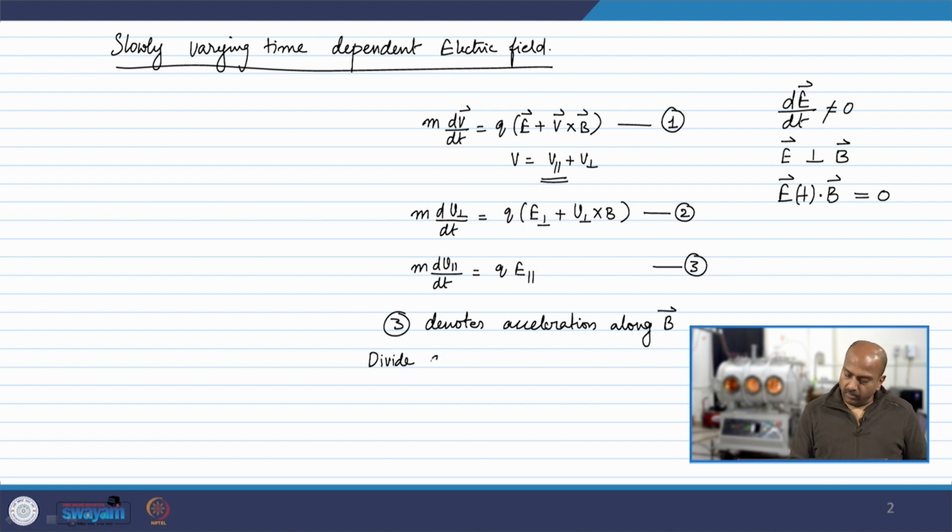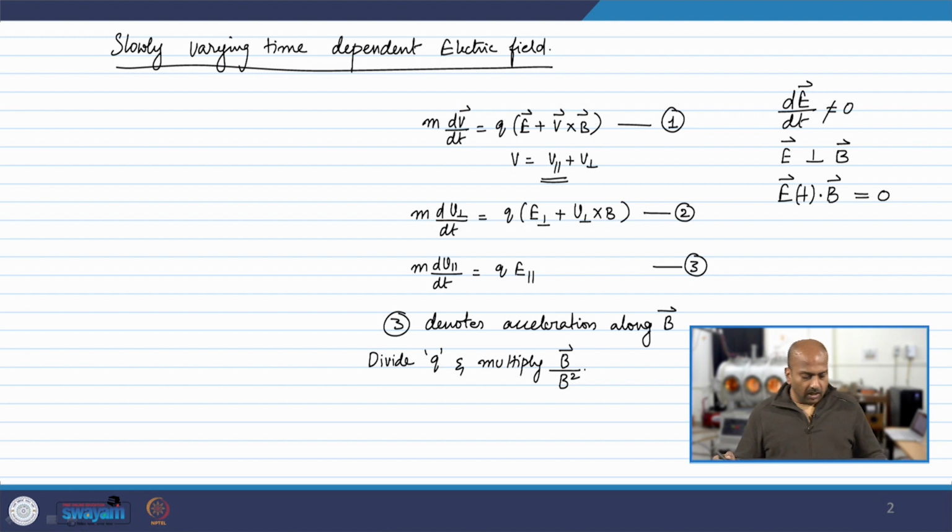Okay. Now, let us perform some simple algebra on these equations. Divide equation number 2 by q and multiply by B by B square, taking a cross product from the right.